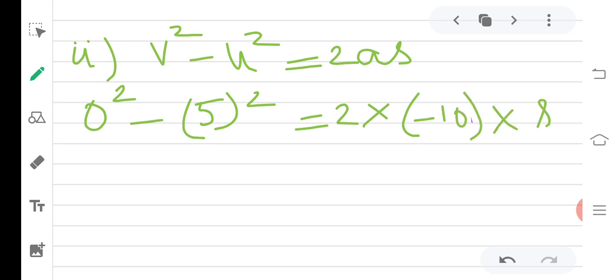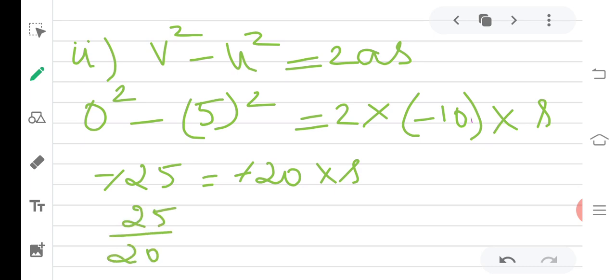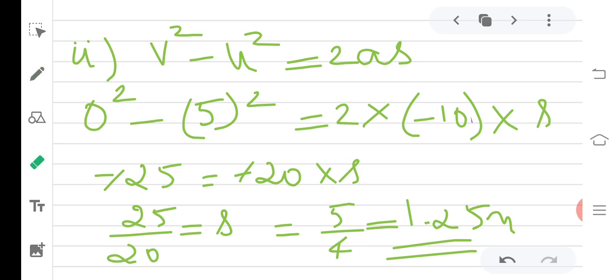We have to find s. So this will be equal to minus 25, which is equal to minus 20 into s. So minus minus cancel. So you will get 25 by 20 is equal to s. So it is 5 by 4, which is equal to 1.25 meters. So s is equal to 5 by 4 is equal to 1.25 meters.